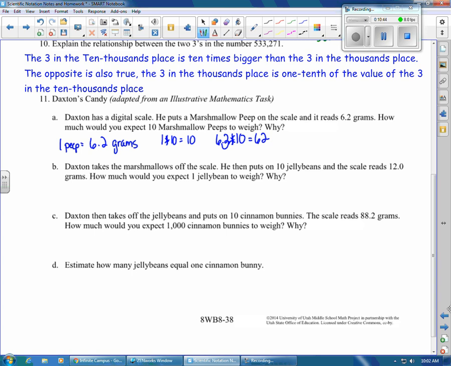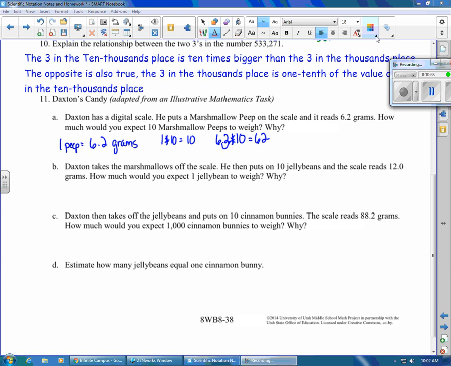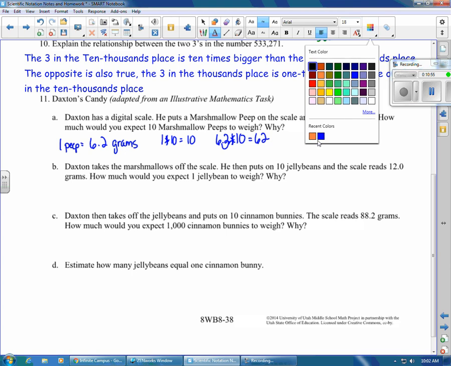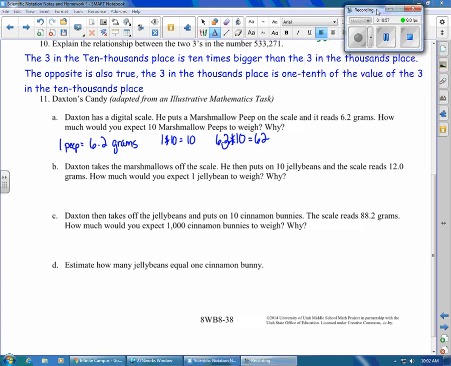So I will just put that into some words because I know sometimes we have trouble putting things in words. I'm going to make sure that I'm writing small. Okay, so 1 peep weighs 6.2 grams.